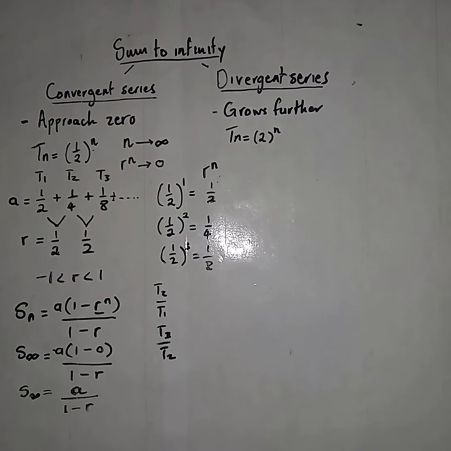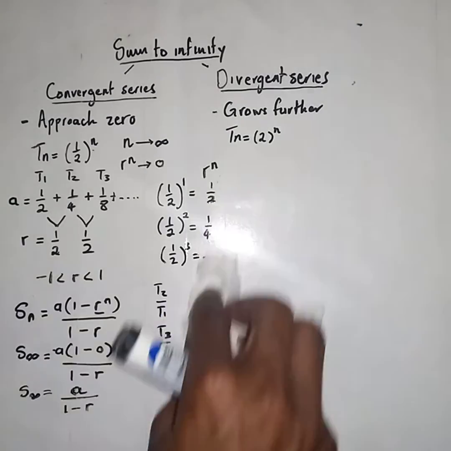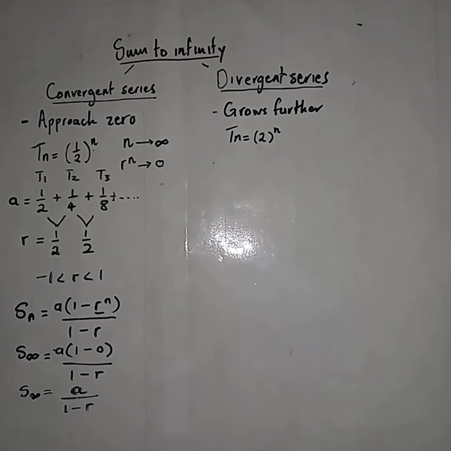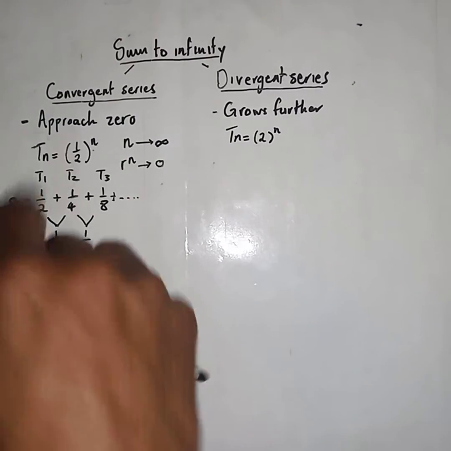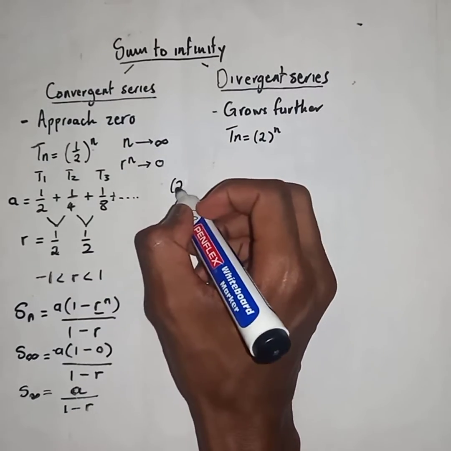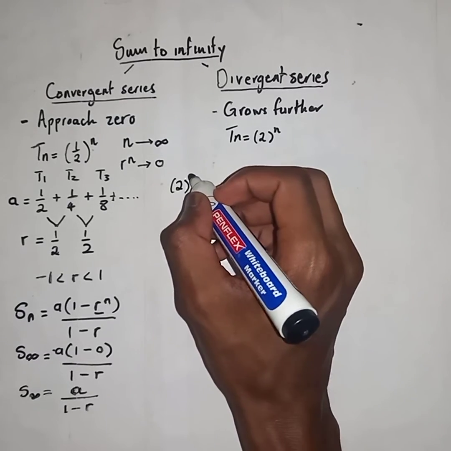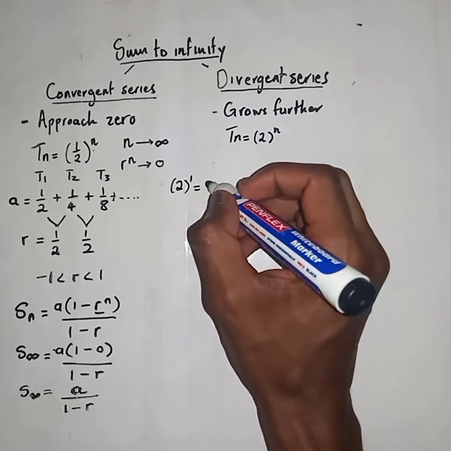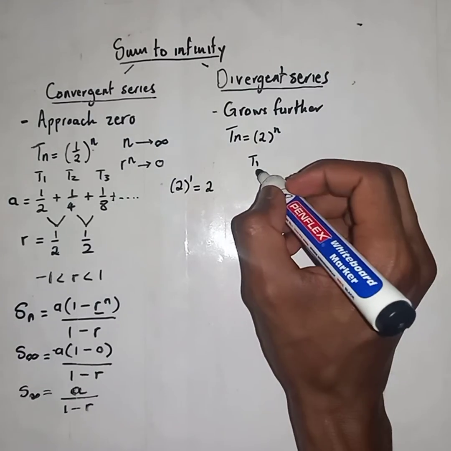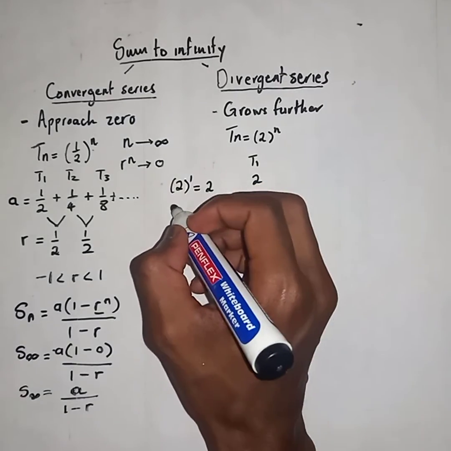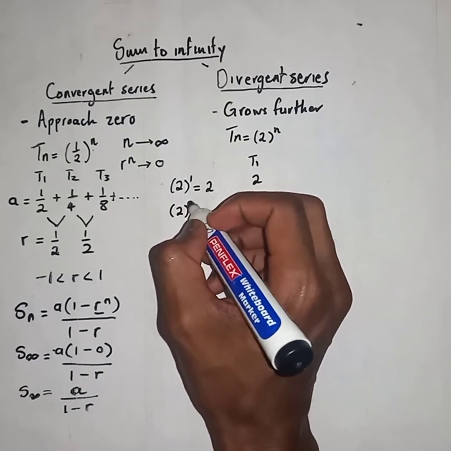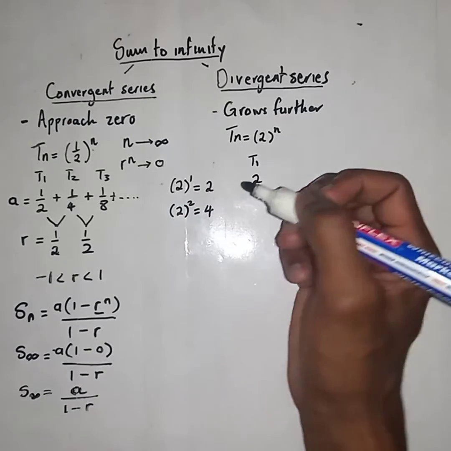What I'm going to do now is consider the general formula given, where I see n, I'm going to plug in 1. Then this is simple. I'm going to get 2, which is my first term. Let us see now term 2, where we see n, we plug in 2 now. It's going to be 4.